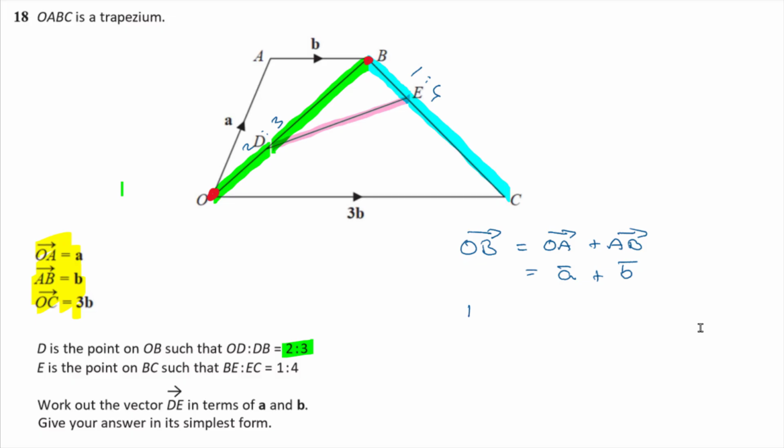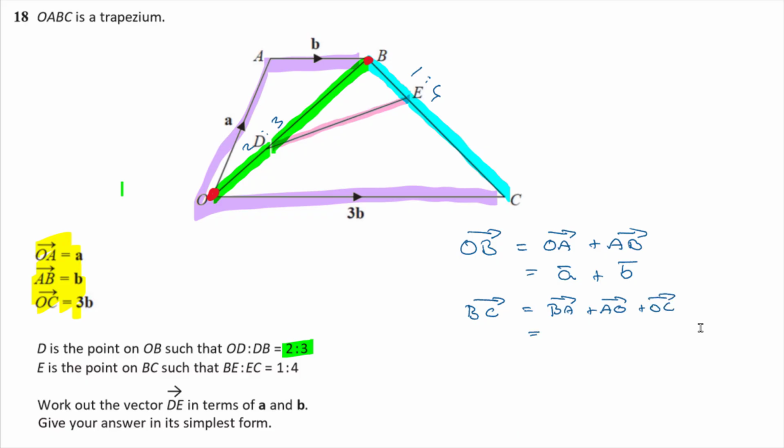I just want to express B to C as a vector. Now I can get all the way around from B to C as well via lines I know about. I can go back this way, down here and along here, can't I? Okay, so what's that then? That is B to C. I can say I go from B to A, then A to O, and then from O to C, can't I?